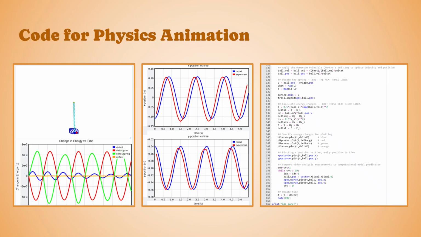In the energy graph on the bottom left, you can see that delta K, delta kinetic energy, delta potential gravitational energy, and delta potential spring energy oscillated throughout the entire experiment, whereas the total energy remained constant at 0 because this is a closed system.